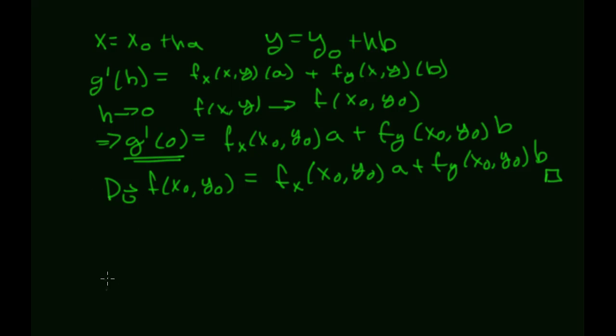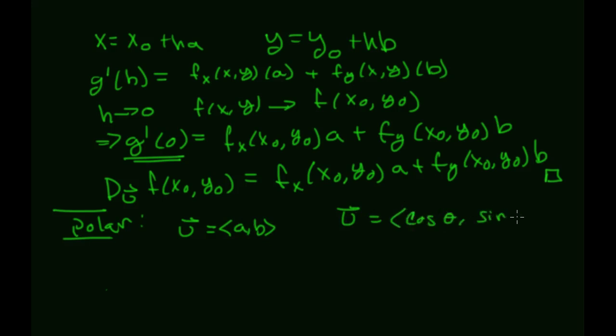A quick side note here, you can also make this polar, which helps in certain situations. Instead of u being a, b, we could visualize u as cosine theta, sine theta, right? And we're going to wrap this all around a theta variable.